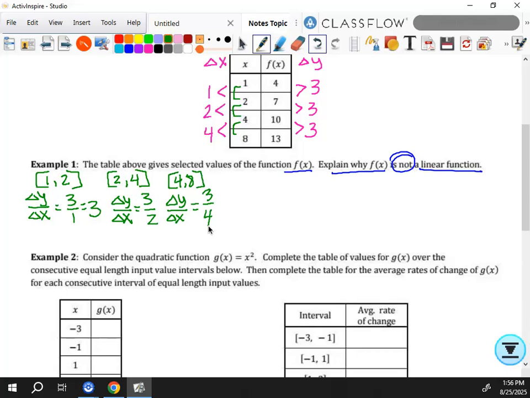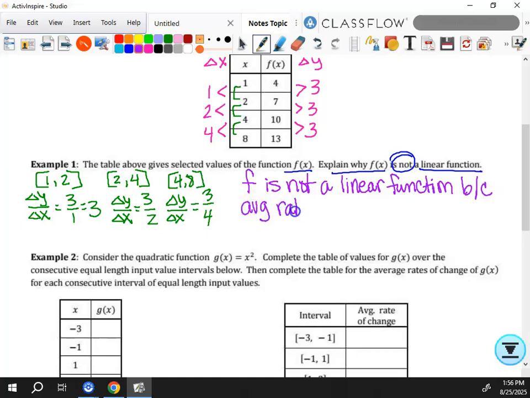So is this a line? No. And we already knew that it wasn't, right? Because it basically told us that. But what we have in green, that's kind of our proof. And then we have to use some words and say something like f is not a linear function because average rates of change of f are not constant.